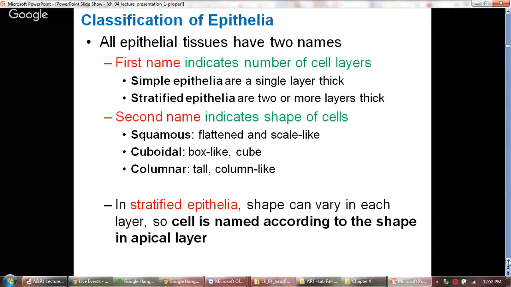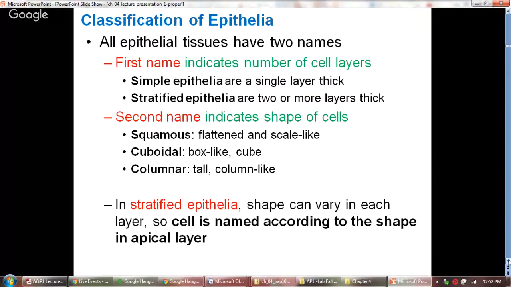If the shape in a stratified epithelium varies in each layer, then you label the stratified layer based on the apical cell surface. Repeating once again, because you might have seen some stratified epithelia, especially the skin, not all cells of that stratified layer have the same cell shape.